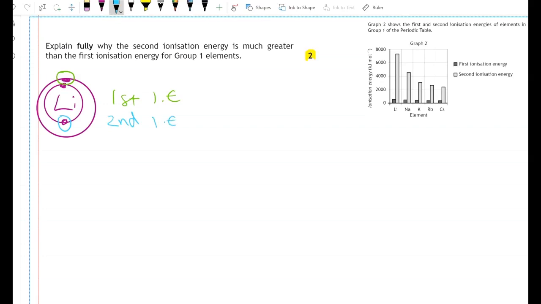Okay, so what do you need to write? 2 points. The first one is a point about stability.